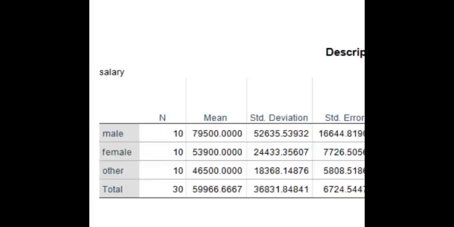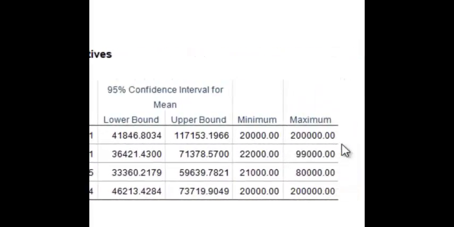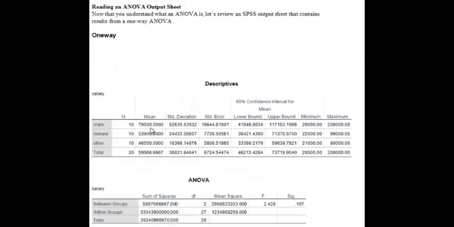We can see that the maximum salary here is $200,000, and that's kind of skewing the mean higher than perhaps if the subject who had $200,000 was eliminated. So we see the minimum and maximums of each. We see the mean and the standard deviation.